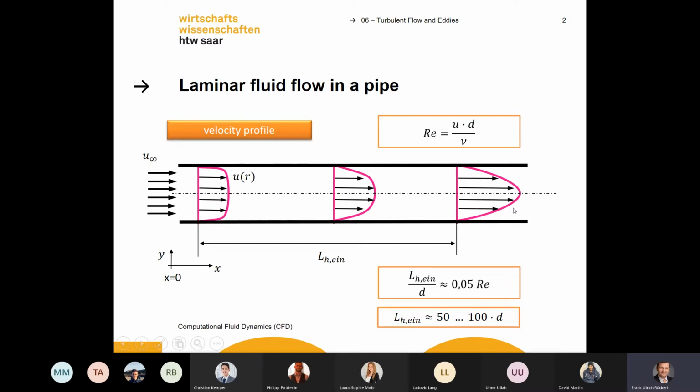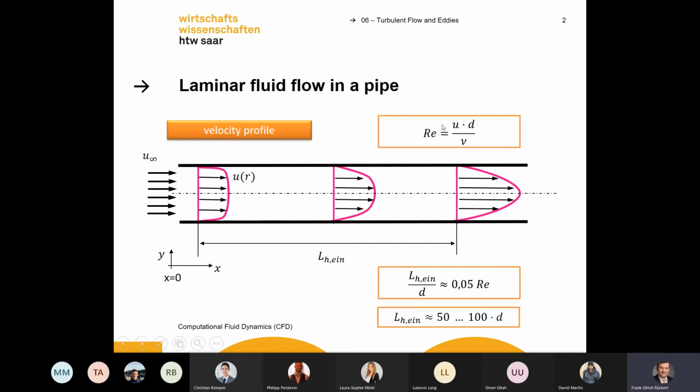You can describe the turbulence inside this pipe by the so-called Reynolds number. That is more or less easy. The Reynolds number tells you if the fluid flow is laminar or turbulent, and you can calculate it by the velocity of the fluid inside the pipe times the diameter divided by the viscosity of the fluid.